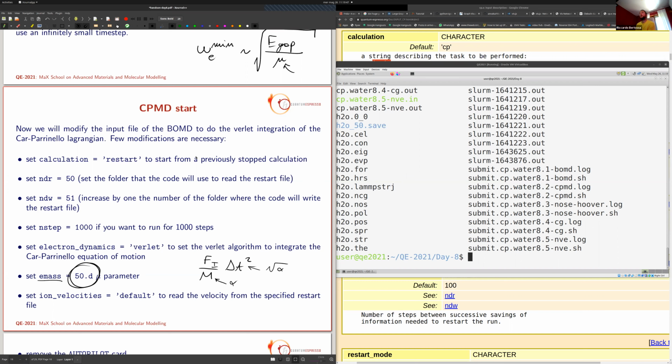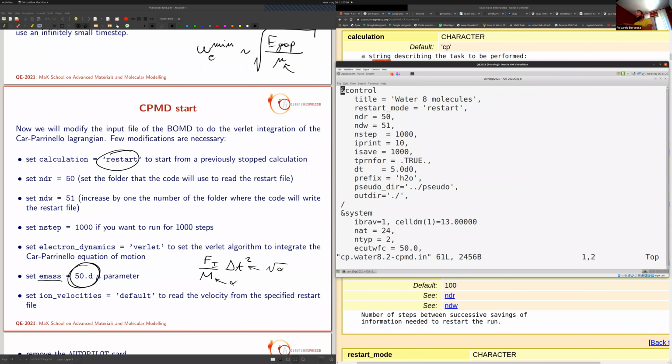So let's go through the input file. Okay, calculation restart. Sorry for being long, but there are a lot of concepts here that I find very interesting. So CP molecular dynamics. You see, we have to change a few things. We want a restart.